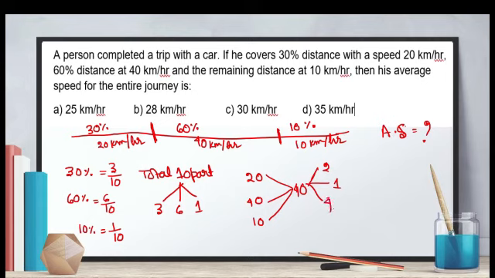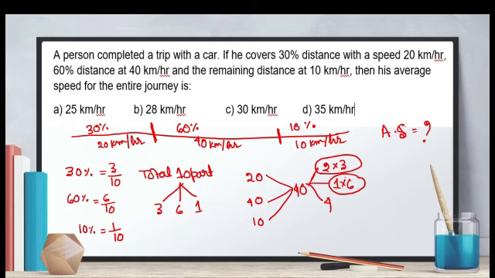Now, as the person moves 3 part with speed 20 km per hour, this 3 will be multiplied with this 2. And again its 6 part with speed 40 km per hour, so this 6 will be multiplied here.